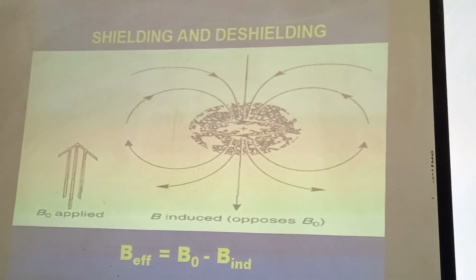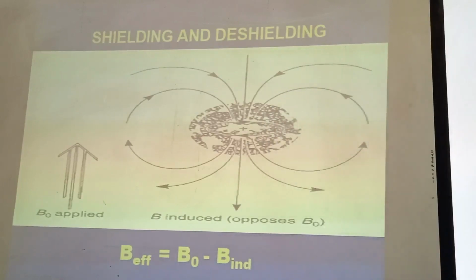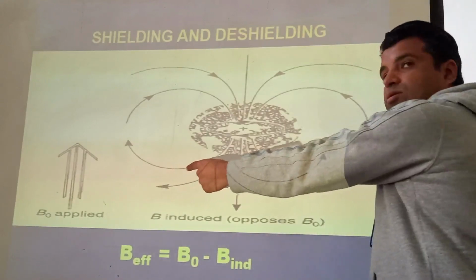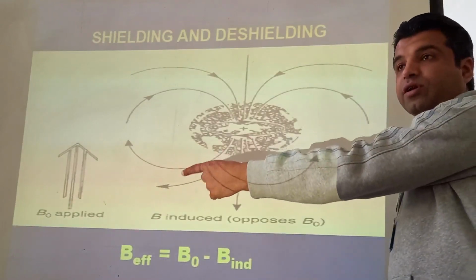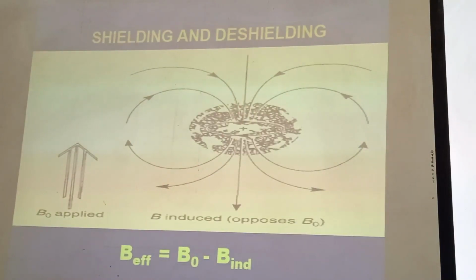When they have different electron density around them, they will have a different strength of induced magnetic field around them. If they have a different strength of induced magnetic field, the reduction in the strength of B0 will be different, which means that B effective is different for all these protons which are attached to carbon, oxygen, nitrogen, and so on.